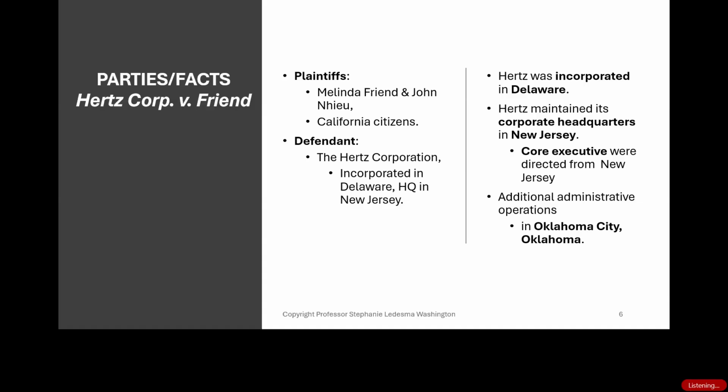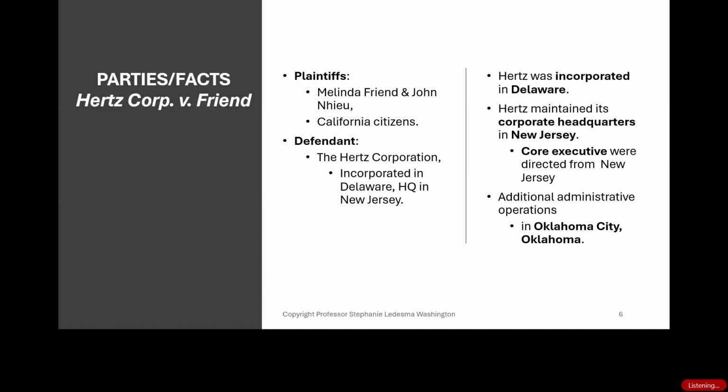That's roughly 18%. Now, if we look at the 44 states that Hertz is conducting business in, California by far is going to be the largest market. And the second largest, I don't even remember what the state was, but it wasn't even close.